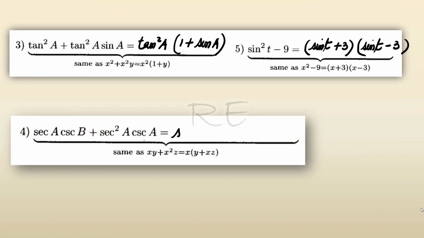Secant a cosecant b plus secant squared a cosecant a. Secant a is the greatest common factor. We're left with cosecant b plus secant a cosecant a.